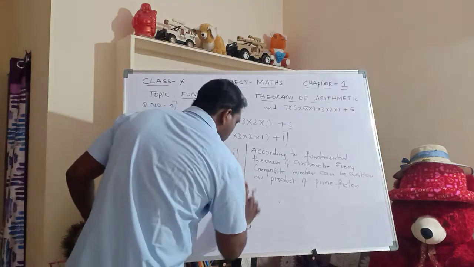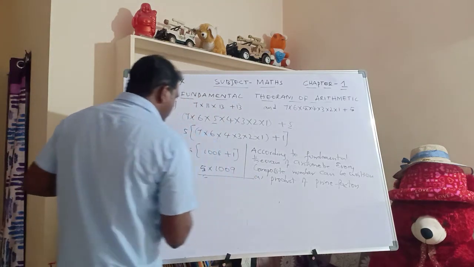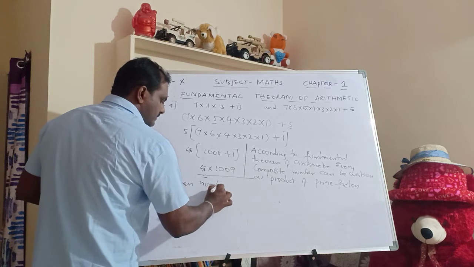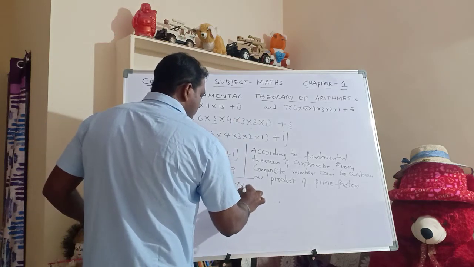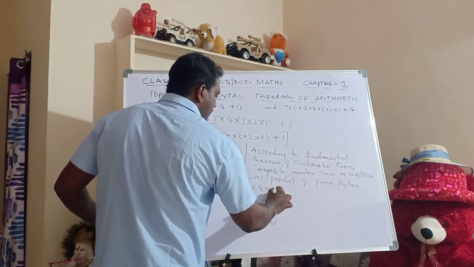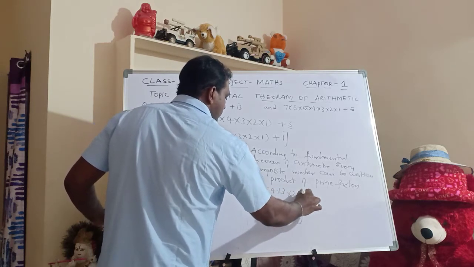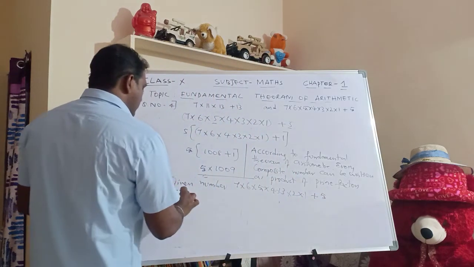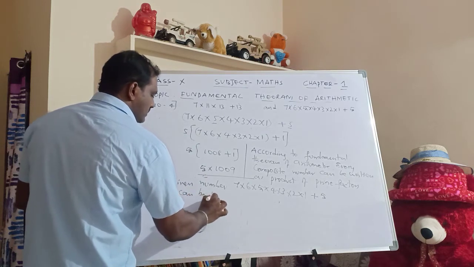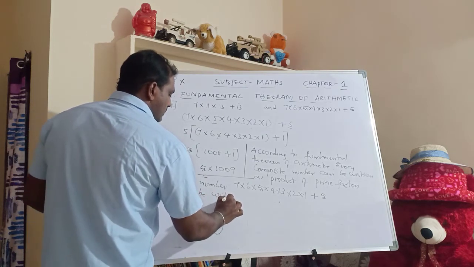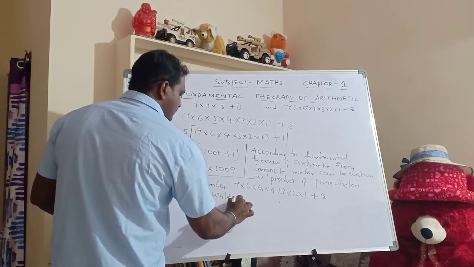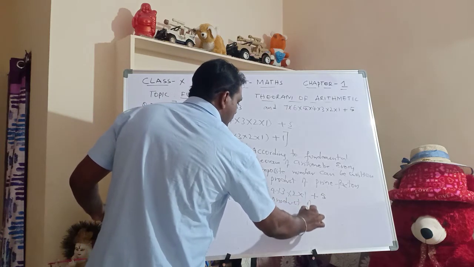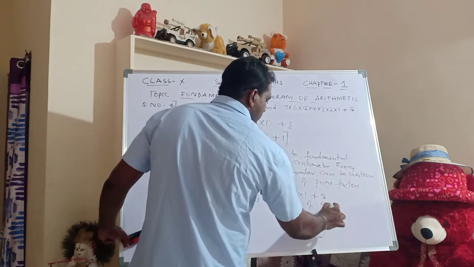So therefore our given number, what is the given number? 7 into 6 into 5 into 4 into 3 into 2 into 1 plus 5 can be written as a product of 5 into 1009.